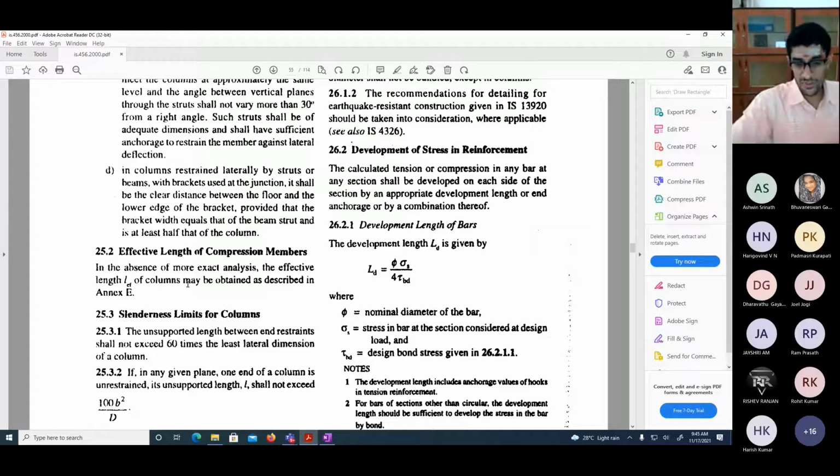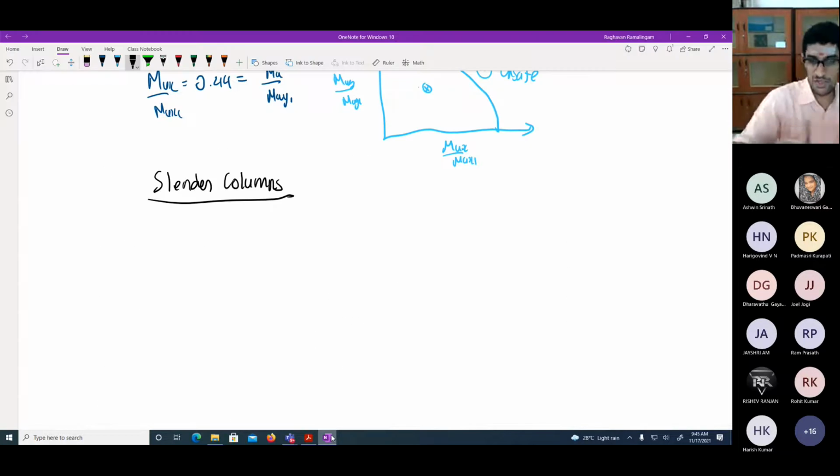The formula itself is not simply pi square EI by L square; one more term is there.